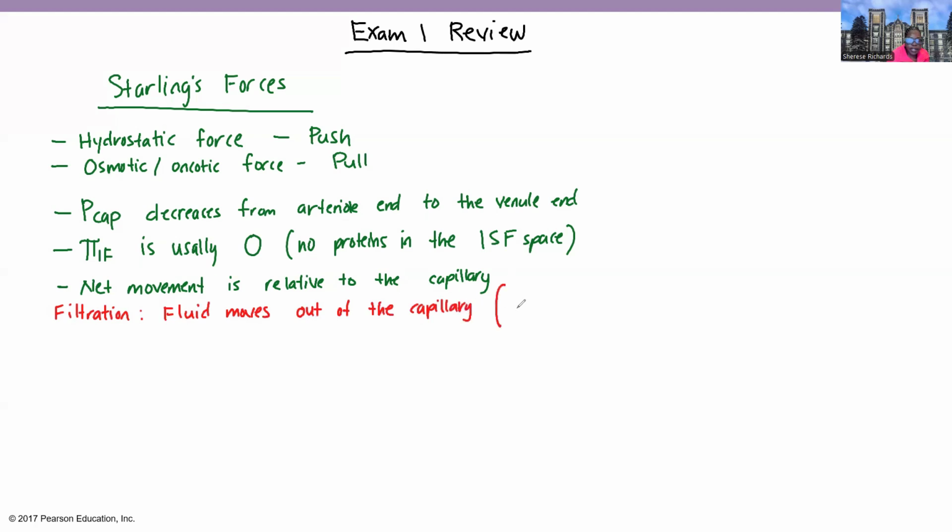An example of this is if your capillary hydrostatic pressure was equal to 40, and your interstitial fluid oncotic pressure was equal to 10. So this creates the filtration force, and this is going to be 30 in our example.